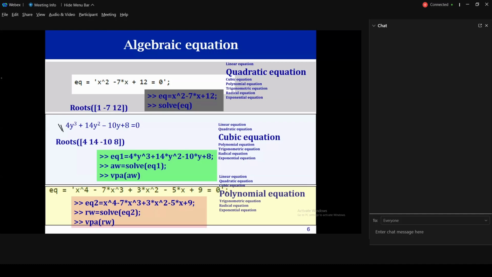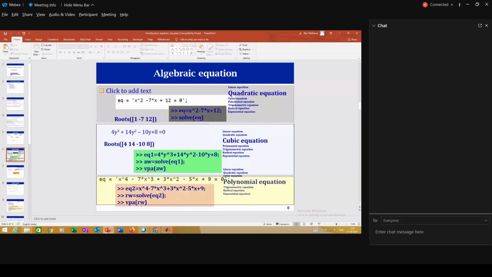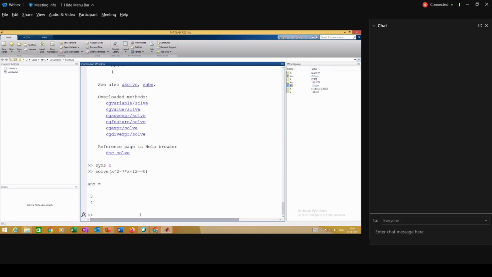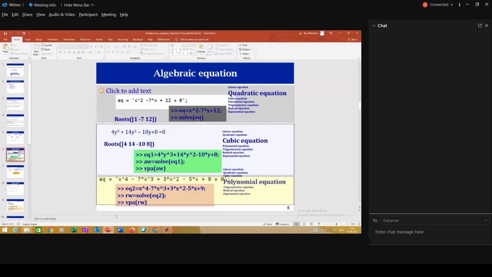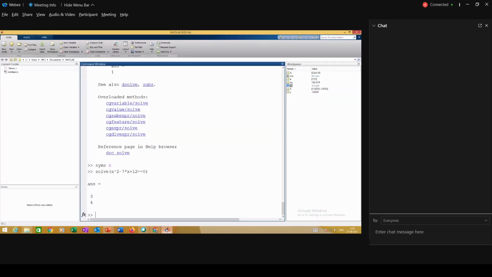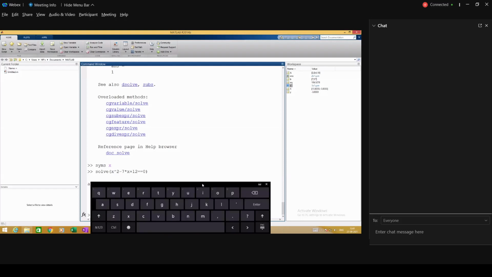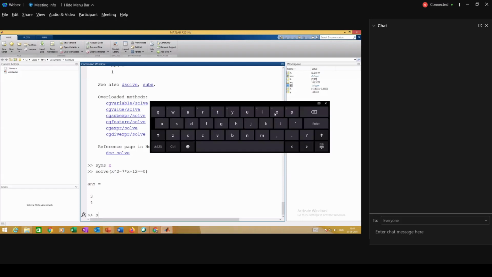Roots is a pretty easy command. So I need to first use solve.